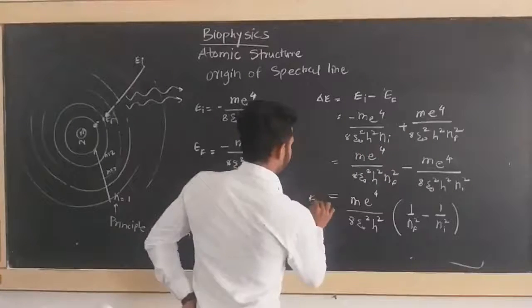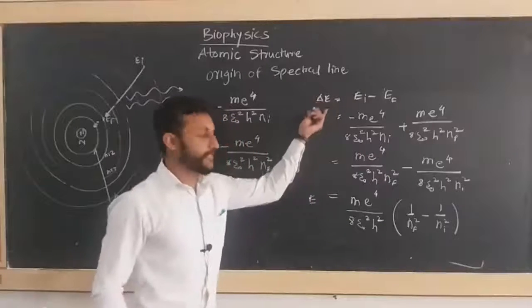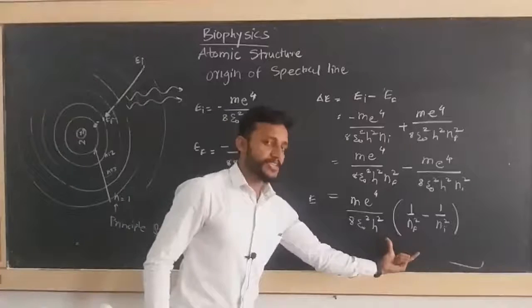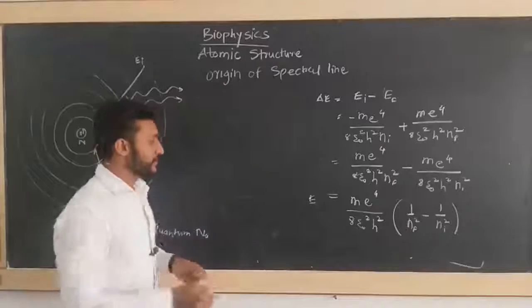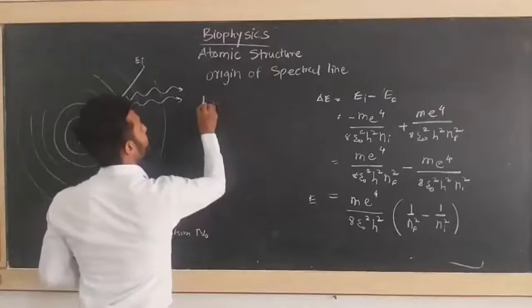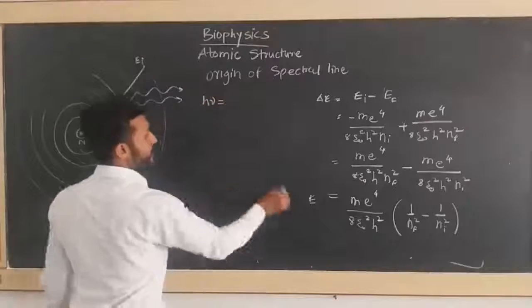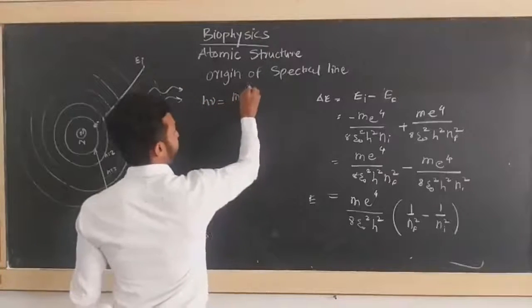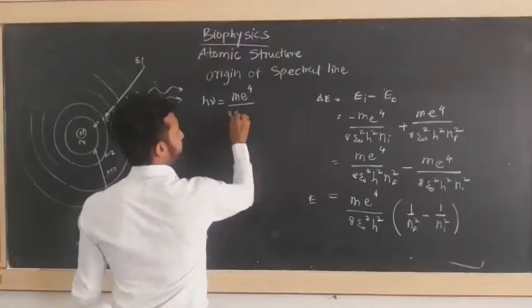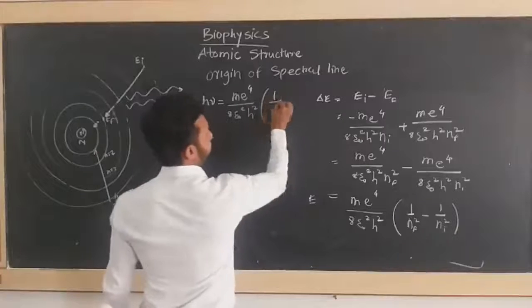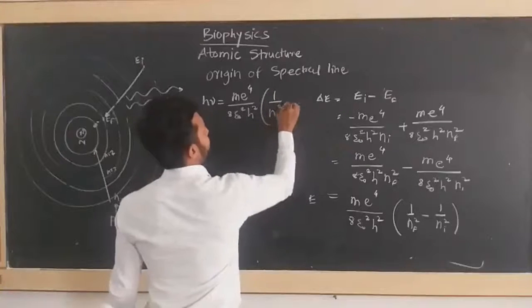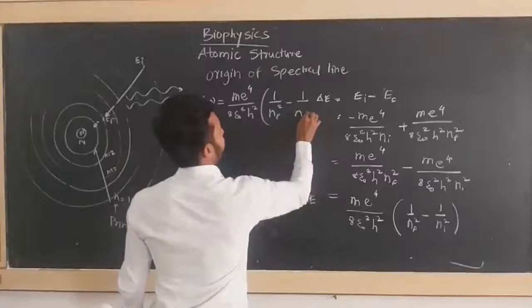So this is nothing but energy. This much energy is released during the de-excitation process, and we know that E is equal to h nu, which is equal to m e raised to 4 upon 8 epsilon naught square h square times 1 upon n final square minus 1 upon n initial square.